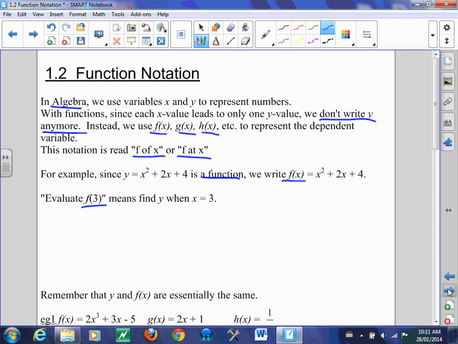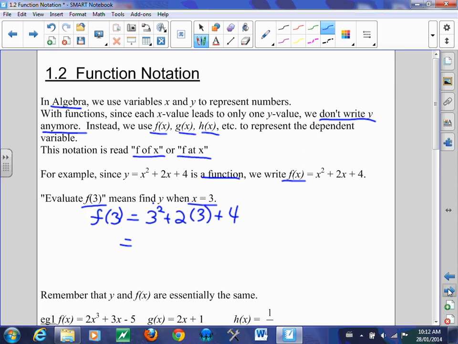Evaluate f at 3 means find the y value when x equals 3. So f at 3, in this case, equals, wherever you see an x, we put a 3. So 3 squared plus 2 times 3 plus 4. Use your mathematics, BEDMAS.